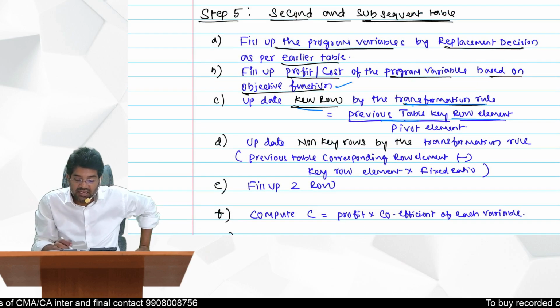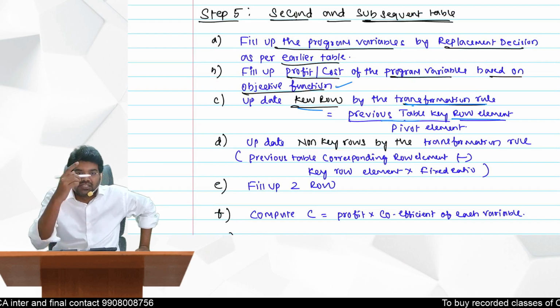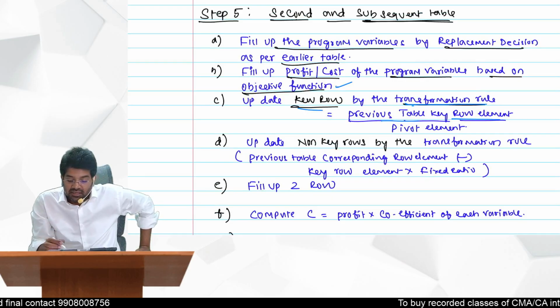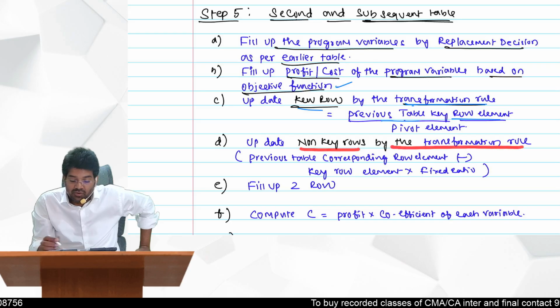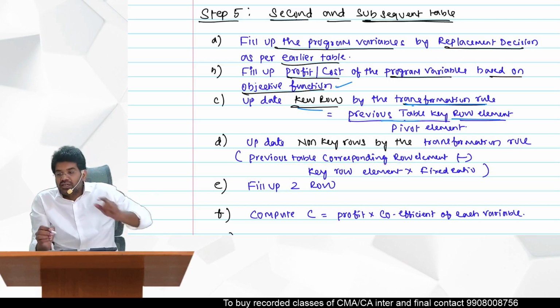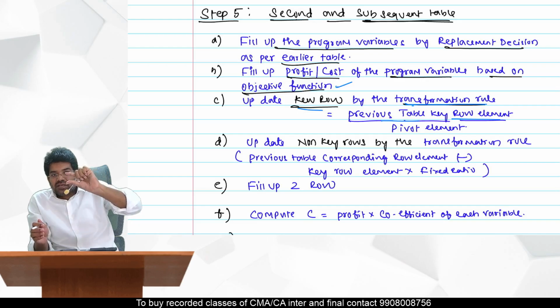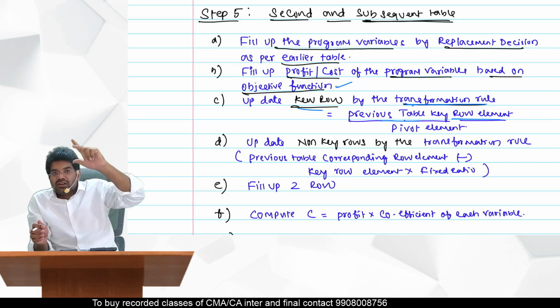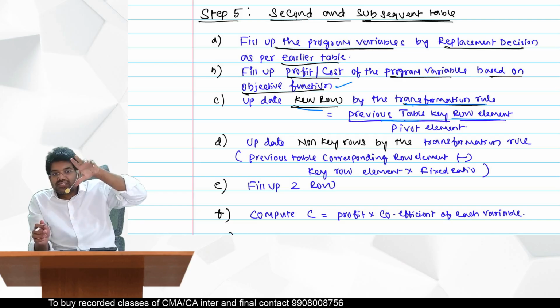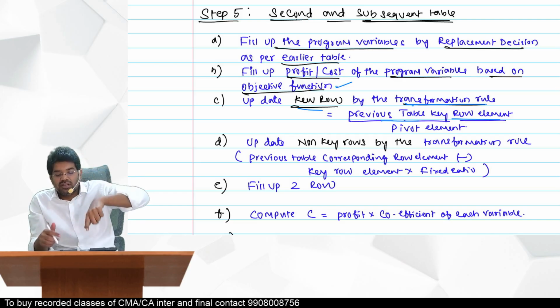Next, update the non-key rows now. What are the non-key rows? S1, S2. Update non-key rows by the transformation rule. I told you that in the key column the pivot element has become 1. The other two should become 0 to form a unit matrix. Yes, for that purpose only we will follow this.